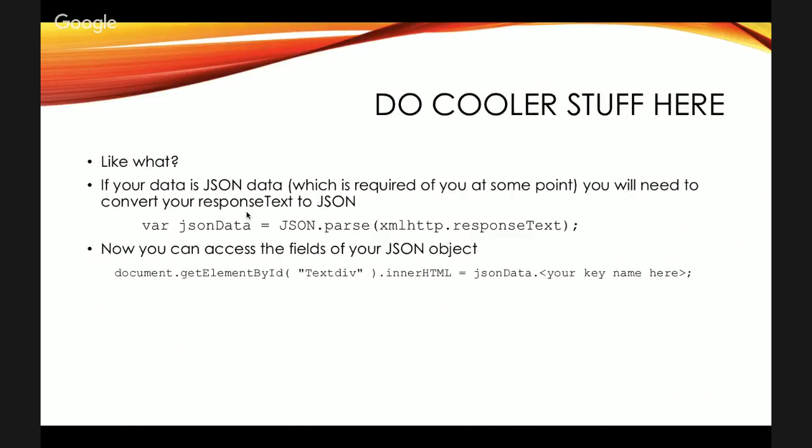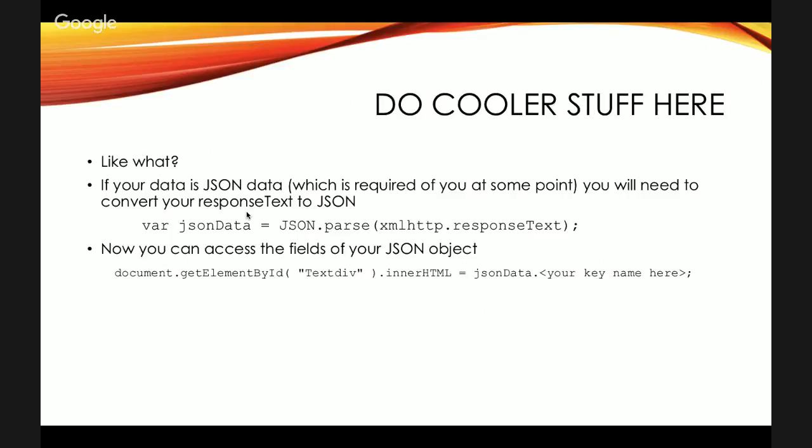Now, there's cooler things that you can do as well. Now, to do well in AJAX in this class, you need to grab a JSON object. And if it's a JSON object, it isn't a text object, so you're going to need to parse it. So all you do is you take JSON.parse and pass it the responseText, and that gives you a JSON data object.